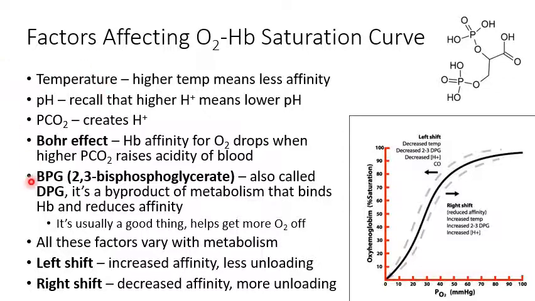So all of these factors go up when you have greater metabolism. When you have greater metabolism, you have greater oxygen needs as well. And all of these factors, if they go up, are decreasing the affinity of hemoglobin for oxygen. They're causing a right shift that increases the unloading of oxygen in the tissues. So it's easier for the tissues to get that oxygen that they need.